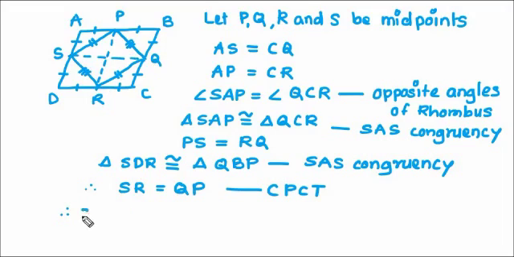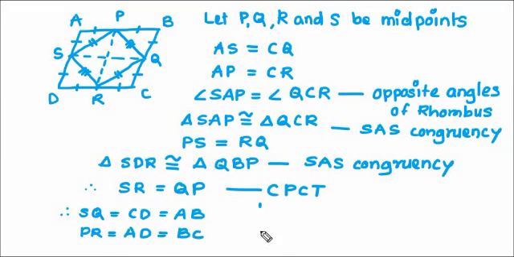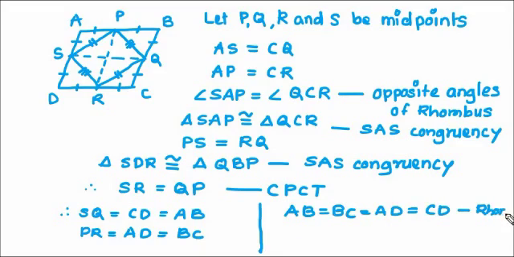Therefore, but in rhombus, because they are sides of rhombus, and therefore SQ is equal to PR. And SQ and PR, they are diagonals of PQRS, and the diagonals are equal.